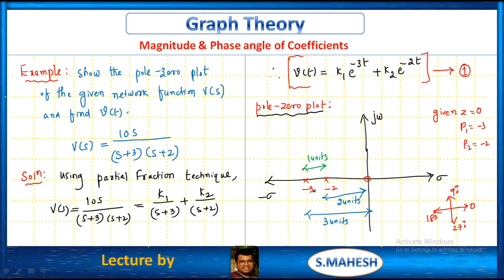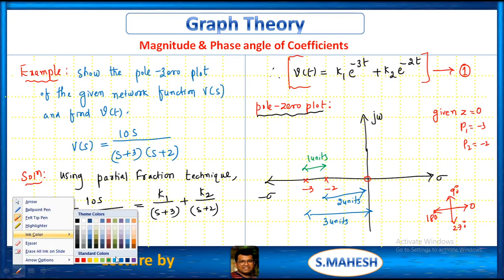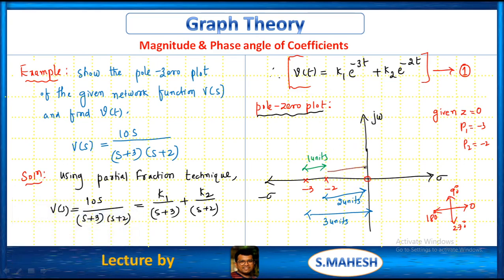What is the phase angle here? From 0 to the pole at minus 2, we have 180 degrees.